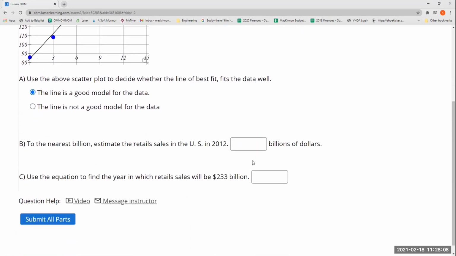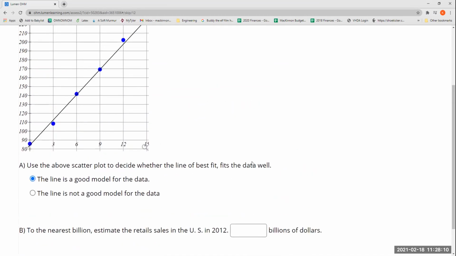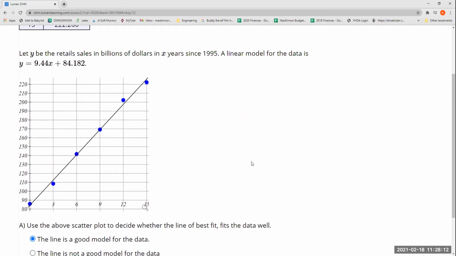Now, what I need to do here is estimate these retail sales in billions of dollars. So what I'm going to go ahead and do is pin this actual model up here so that I can turn that to the top of the screen.